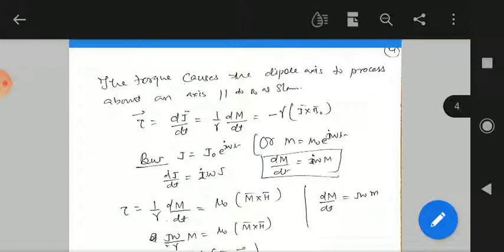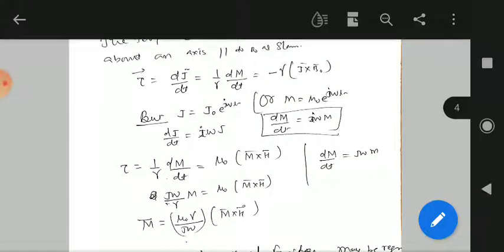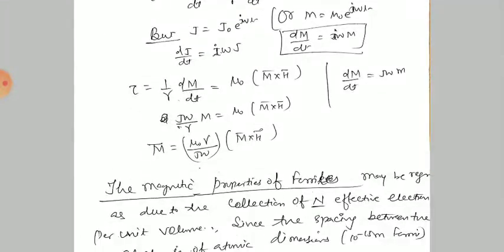Here J and M are both time dependent, like J equals J0 e raised to the power j omega t and M equals M0 e raised to the power j omega t. So dJ by dt is equal to j omega J. So in place of this equation we can write tau equals 1 by gamma dM by dt equals mu0 M cross H, and j omega M by gamma equals mu0 M cross H. So M equals mu0 gamma by j omega multiplied by M cross H.